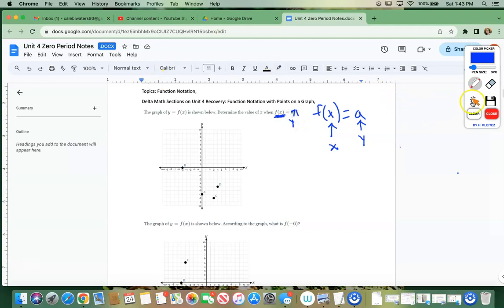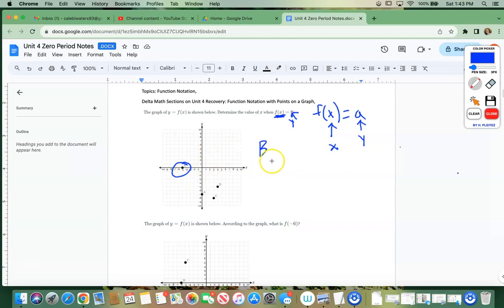Oops, let me fix that. When the y is 0. Okay? So when the y is 0, go ahead and look at your graph and find where y is 0. So here's the y-axis. Here's 0. There's only one point on it, and that is point B. Okay? So, that said determine the value of x. Well, what is the x value right there?